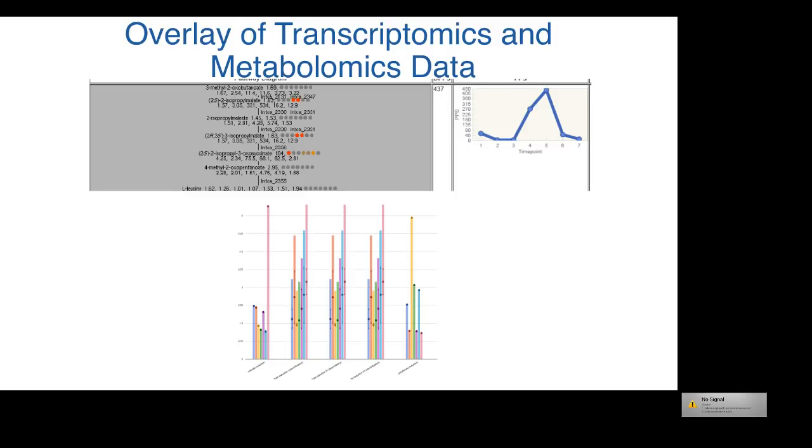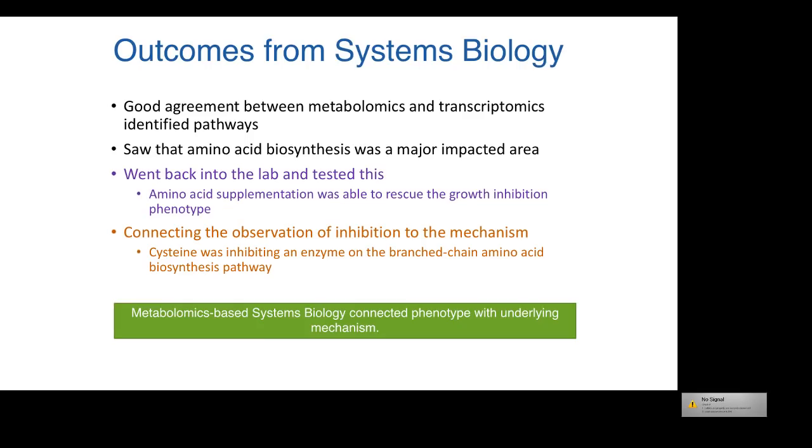And again, the primary thing that we were finding was this branched chain amino acid biosynthesis pathway, as well as good agreement on downregulation in anaerobic respiration. So that was very nice confirmation that using many different types of multi-omic platforms and sorting your tools can give you new pieces of information but point you in the right direction.